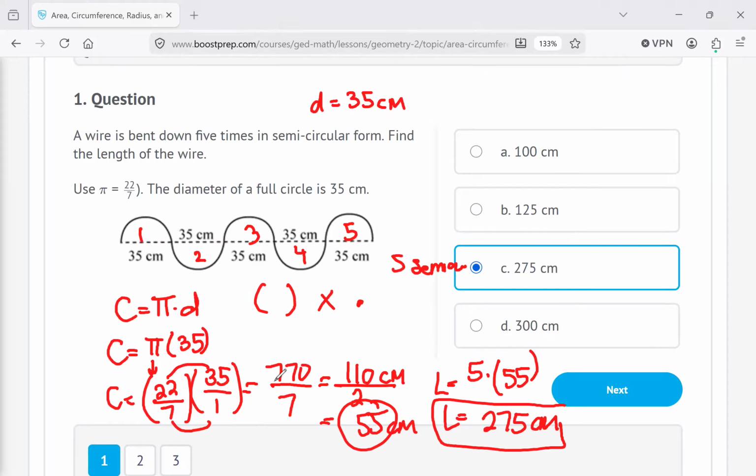But this is a full circle, so I have to take half of it because these are semicircles. Then there's a total of five semicircles, so I multiplied by five, and that's how I got 275. If you need to pause, go ahead and pause, but I'm going to move on.